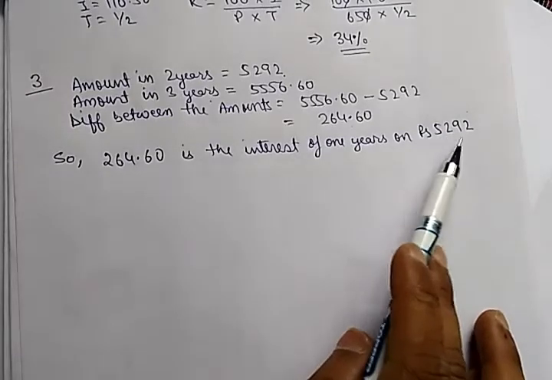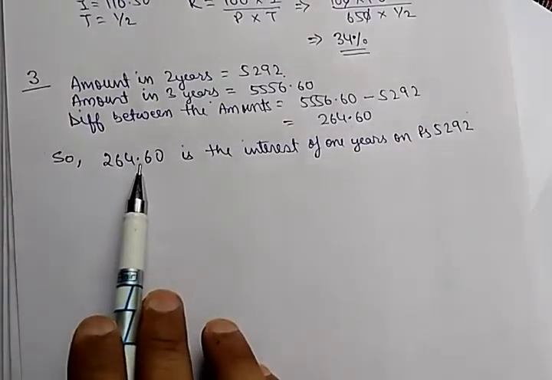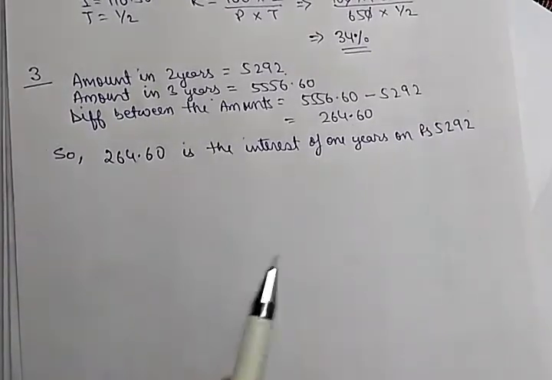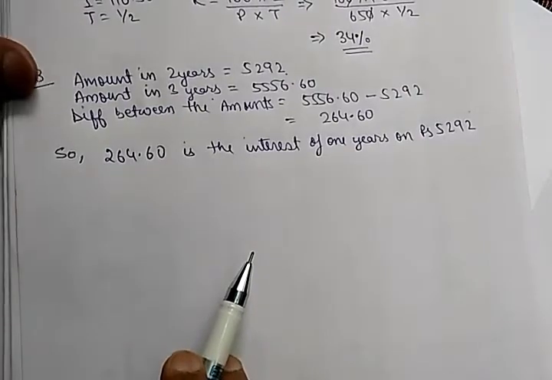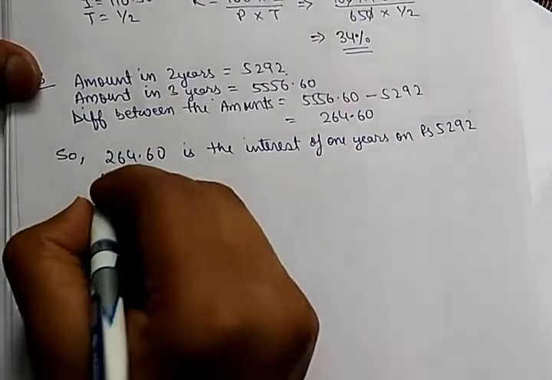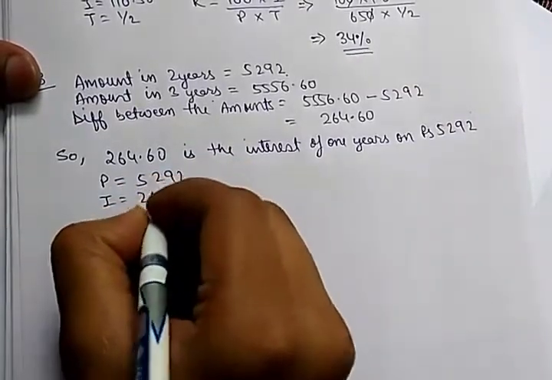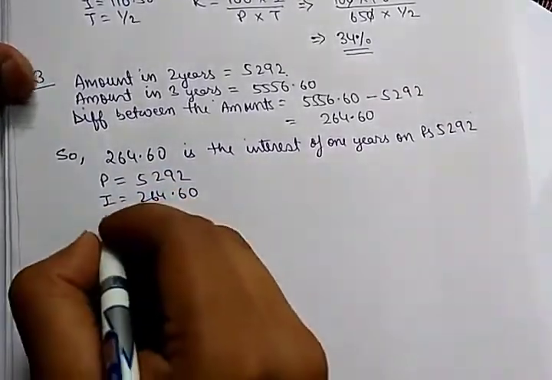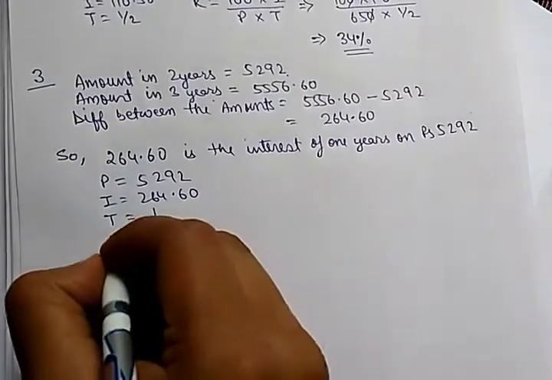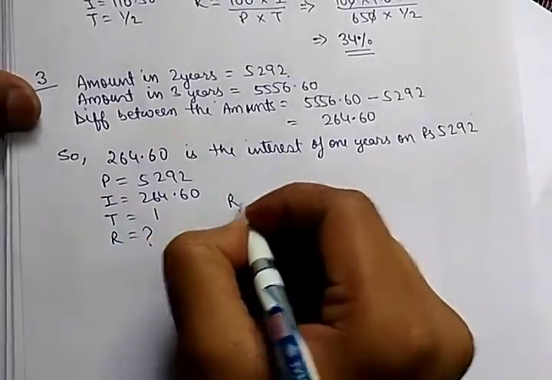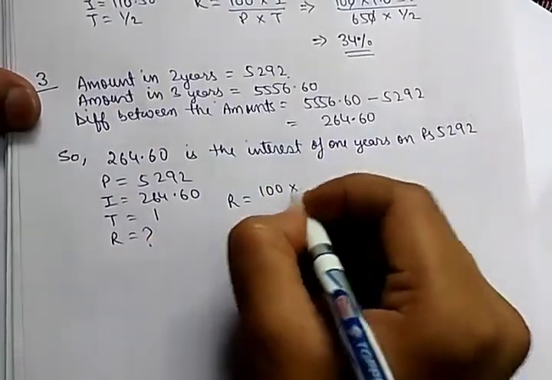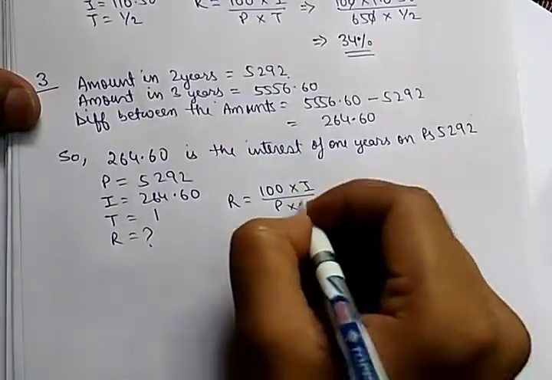So this will become the principal, this is the interest, and we have to find the rate. The time is given 1 year. So principal is 5292, interest is 264.60, time is equal to 1, rate we have to find. So R is equal to 100 into I by P into T.